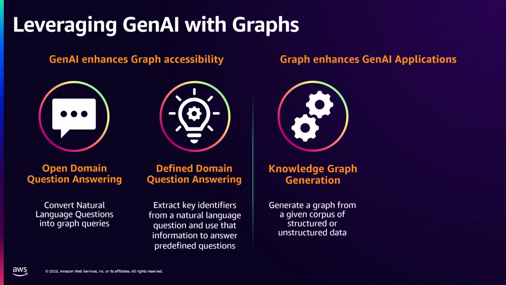Well, you provide a data source to the LLM and say, okay, create me a knowledge graph from this. And it's going to perform things like entity extraction. It's going to perform analysis on those entities, understand the context in which they're all connected, and then effectively create nodes and entities within your graph.